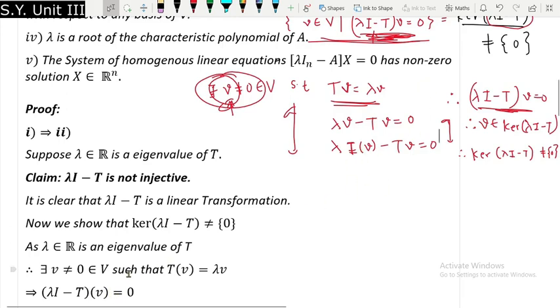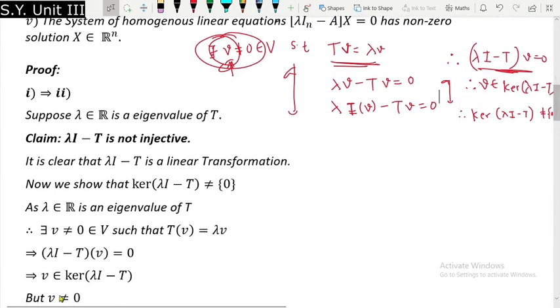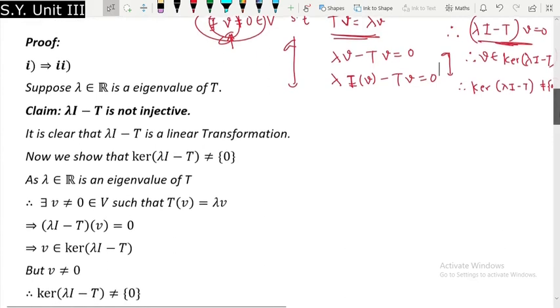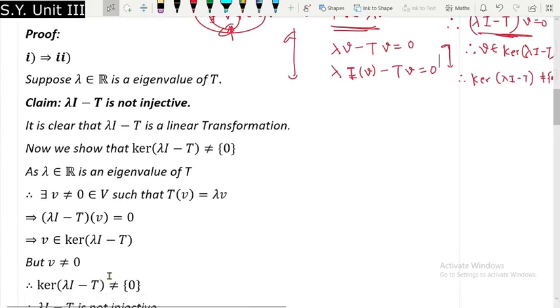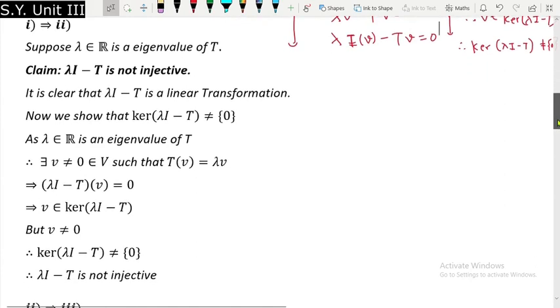Some steps are skipped over here, but that is understood. So directly this step is written, and therefore this V will belong to the kernel of lambda I minus T, but this V is non-zero as it is an eigenvector. Therefore this kernel of lambda I minus T is not equal to singleton 0, and therefore lambda I minus T is not injective.